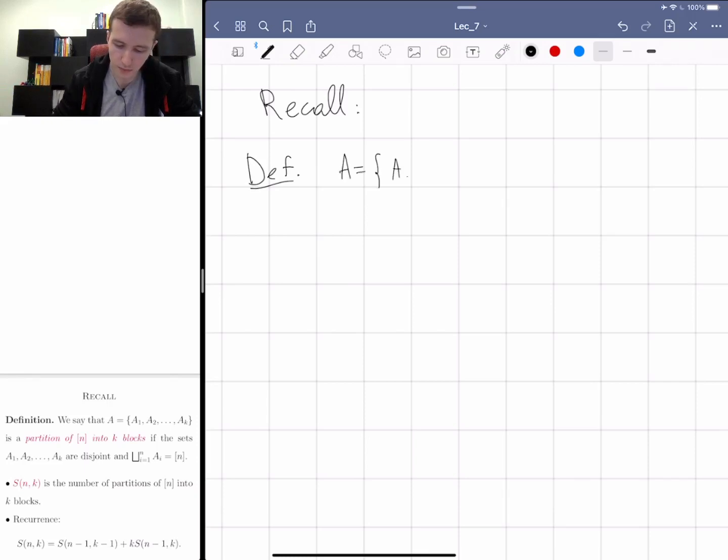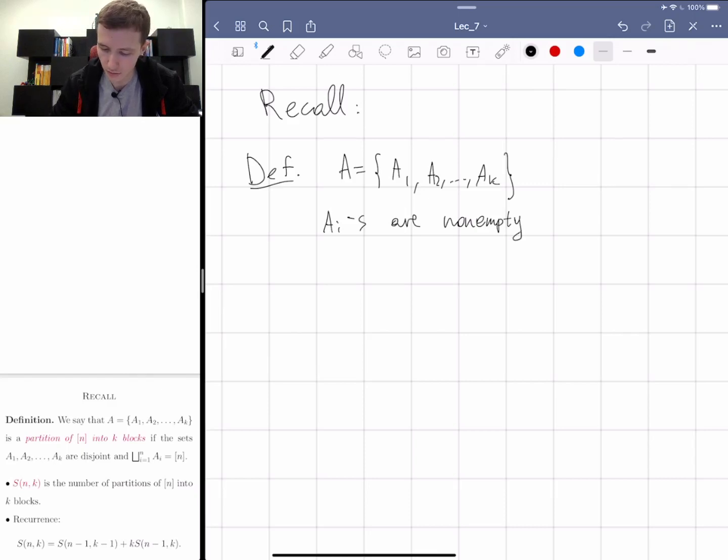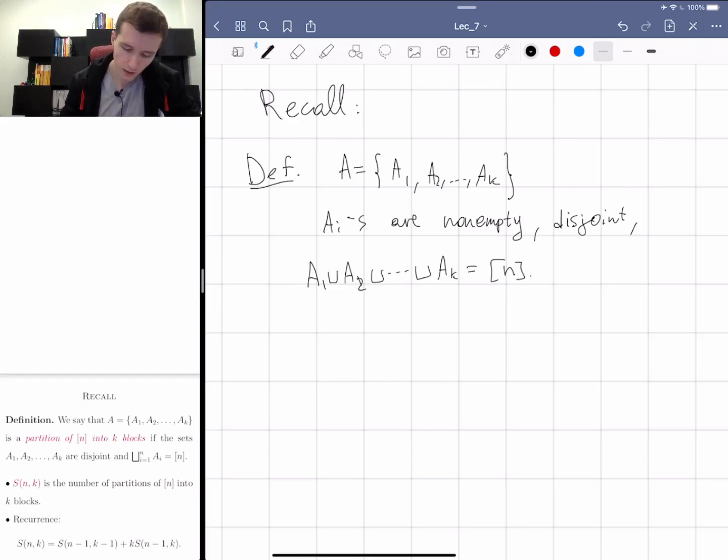So we have some partition A1, A2, etc. up to Ak. These Ai are all non-empty and pairwise disjoint sets, and they satisfy that the union of A1, A2, all the way up to Ak is equal to [n].